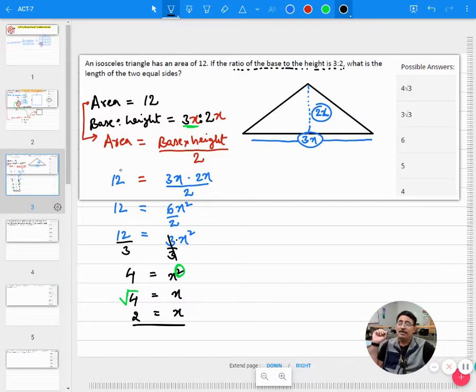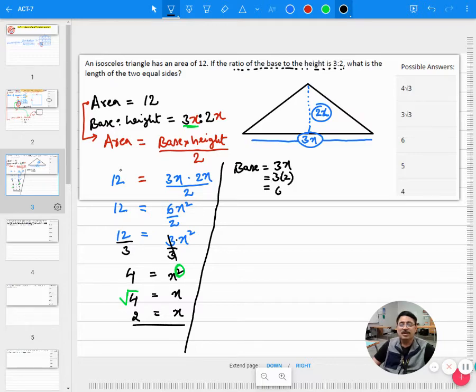The sum is not yet over. Here 3x means 3 times 2. Therefore, here base is 3x, which means 3 times 2. That gives us 6 units.